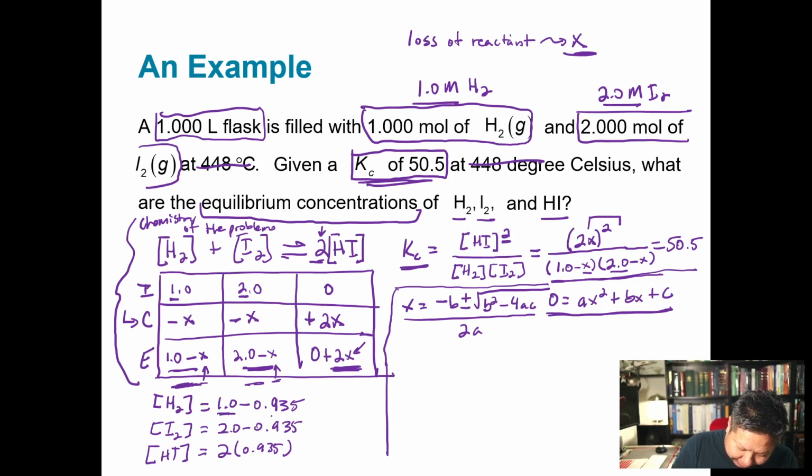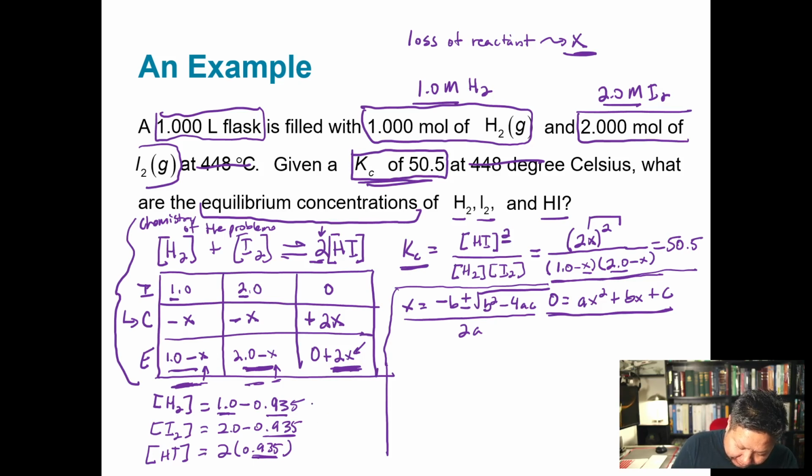So here's 1 minus the x from the math part of the problem. Here's I2, 2 minus x from the math part of the problem. And then for the equilibrium concentration for HI, it's essentially 2x. So 2 times the x from the math part of the problem, right?